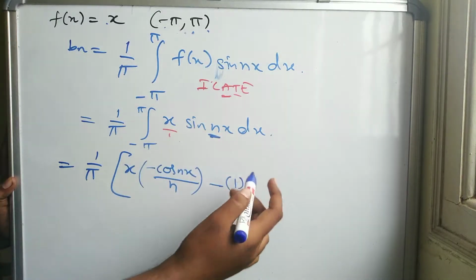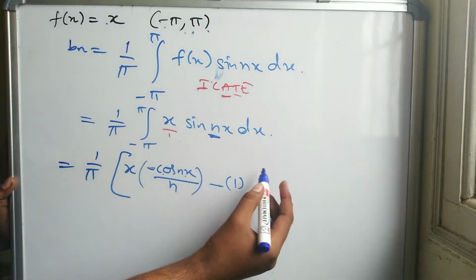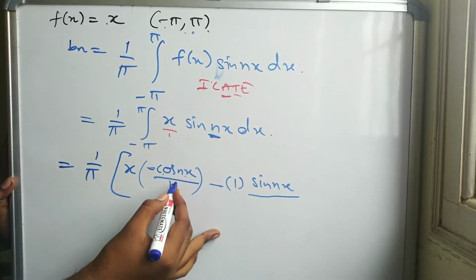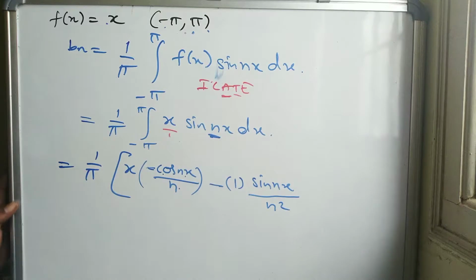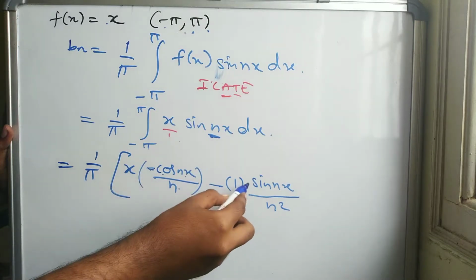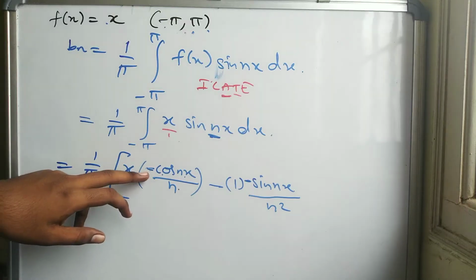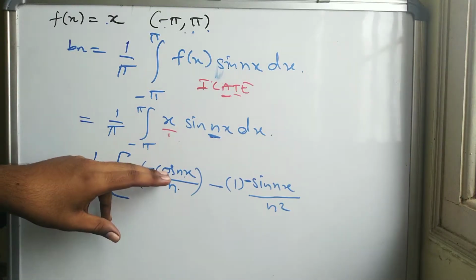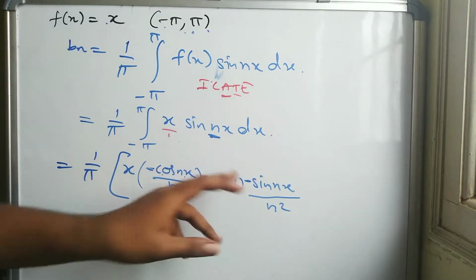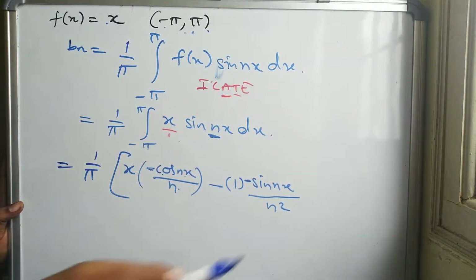So integration of cos nx is sin nx by n square. This whole term you have to integrate. Where is the minus sign? You have to put minus sign here. First you ignore this minus sign, cos nx integration is sin nx, minus sign is already there, so put minus sign. Then 1 by n becomes 1 by n square.